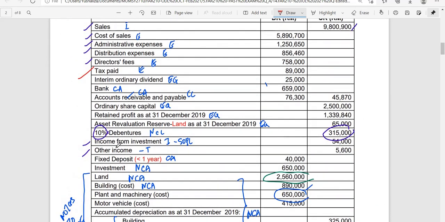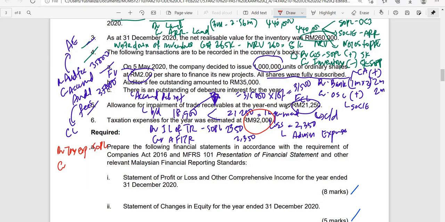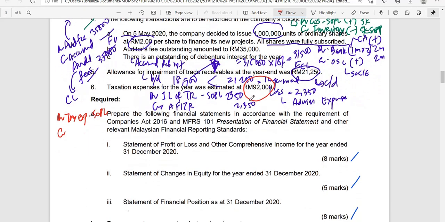It was 89. So if you compare that with the tax expense, you are being charged with 92,000. So you credit tax paid, and here was 92, here is 89.